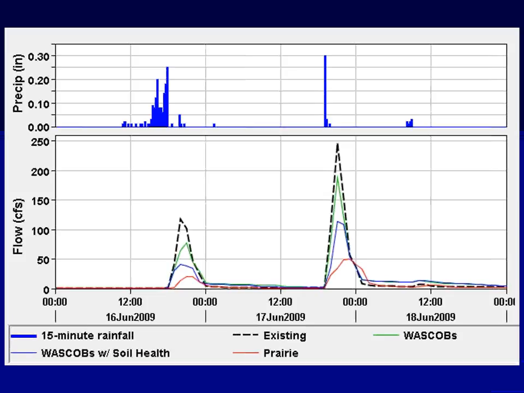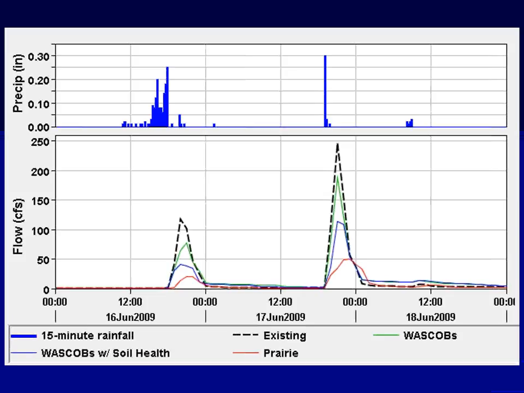Using the WEPP as guidance, it's relatively easy to go back and ask what would be the conditions if it were strictly in prairie conditions, where the soil parameters are going to change your porosity, all those other things, and your infiltration will be a lot higher. Using the WEPP as guidance on how to change those, that's the red bar in here. You can see there's a significant change, again orders of magnitude difference between existing versus the prairie.